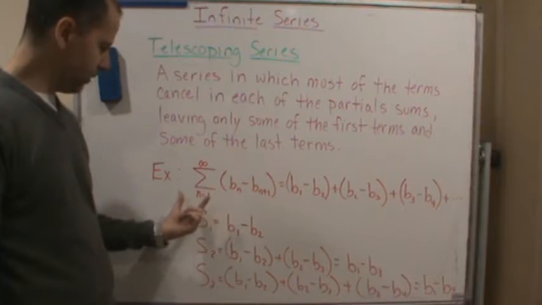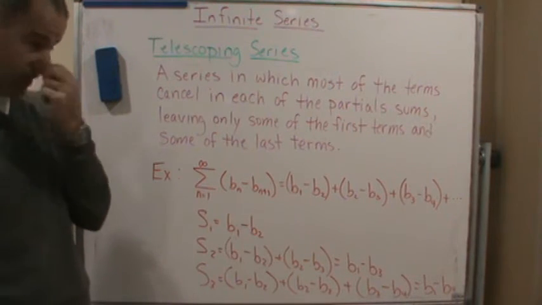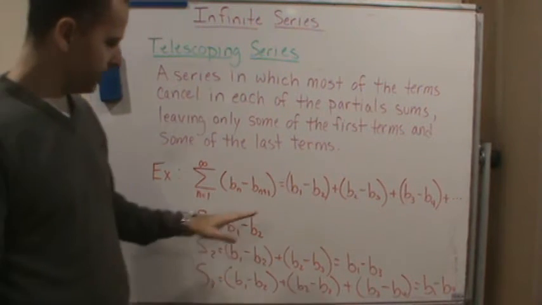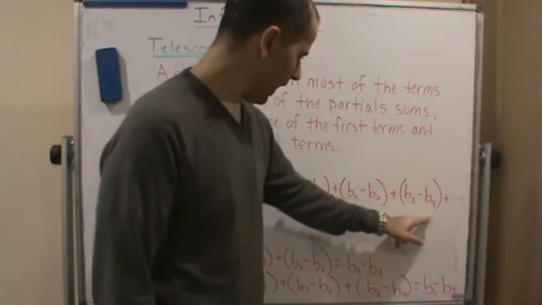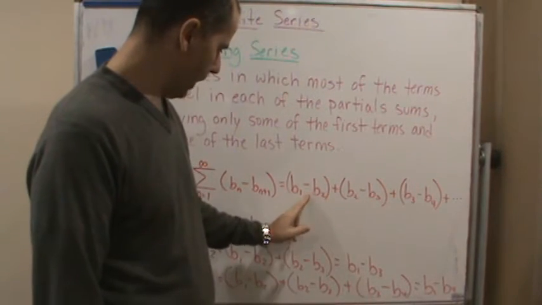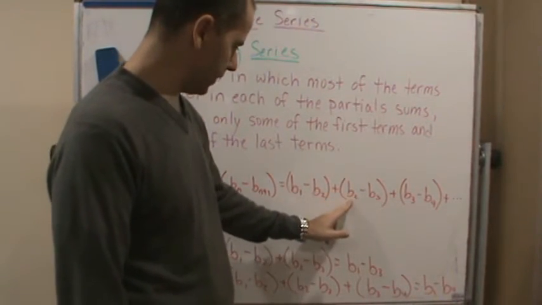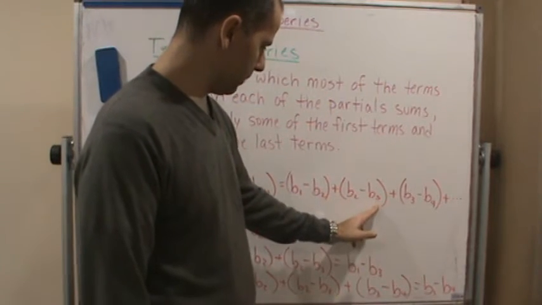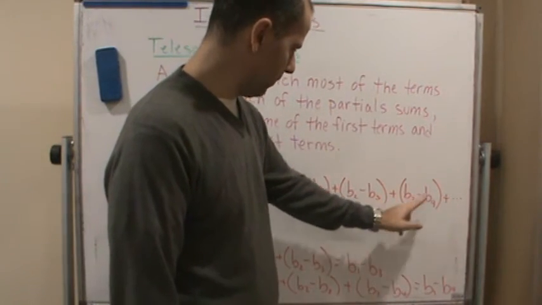Any series of this form is going to be a telescoping series, and you can see this by looking at the expansion. You have b1 minus b2, then plus b2 minus b3, plus b3, and so on.